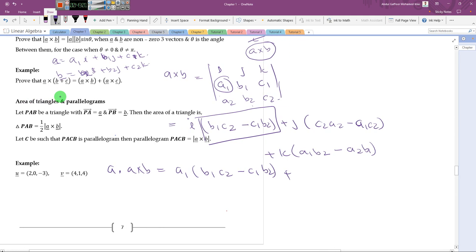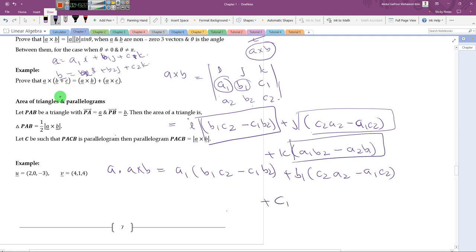So this will be equal to 12 minus 40 minus 14, which is minus 42. So u dot v is equal to minus 42.